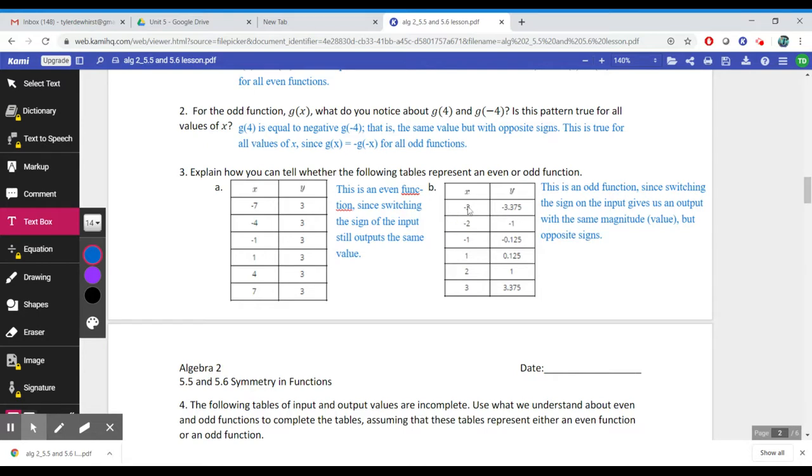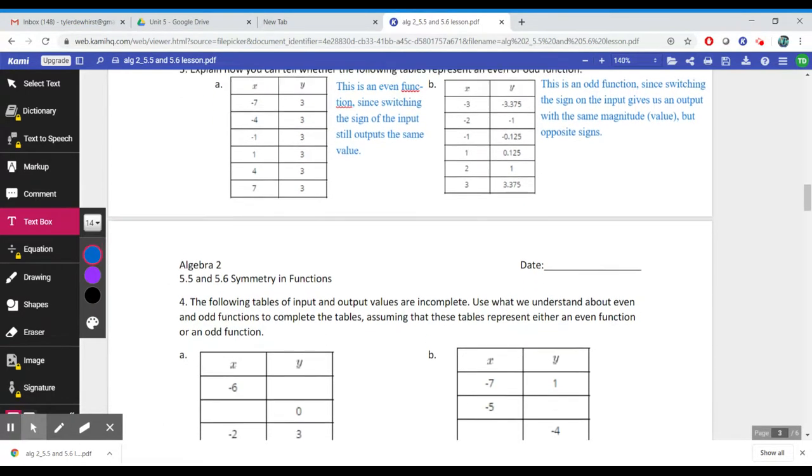When we switch the sign on the input, we get the same number, but with the opposite sign, so positive 3.37. If we look at an input of negative 2, our output is negative 1. Switching the sign on that input would give us positive 2 for our new input, and the new output would be positive 1, the same value, but with a different sign. So we know that in this case, function B is odd.